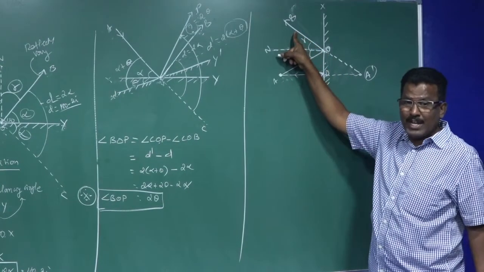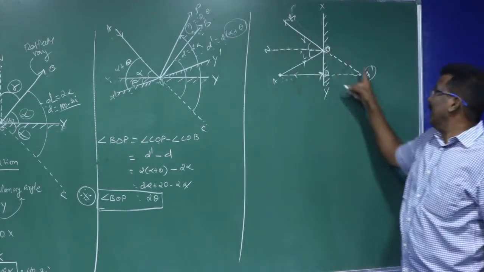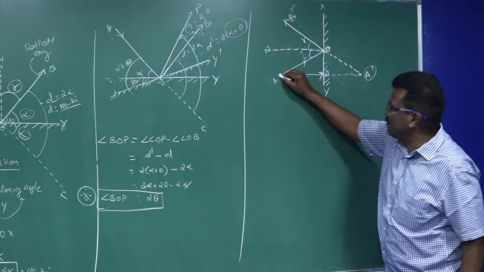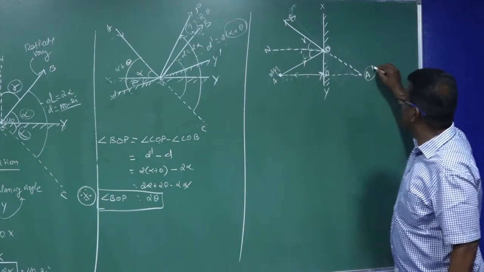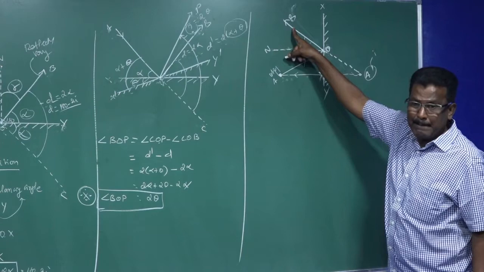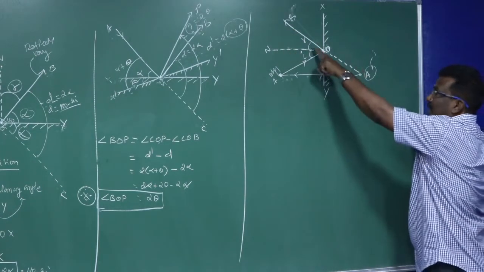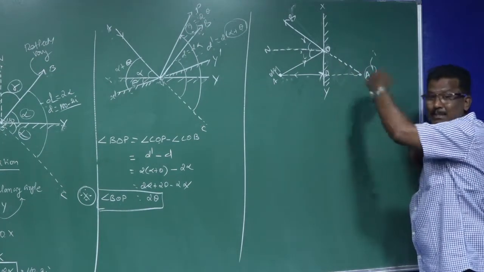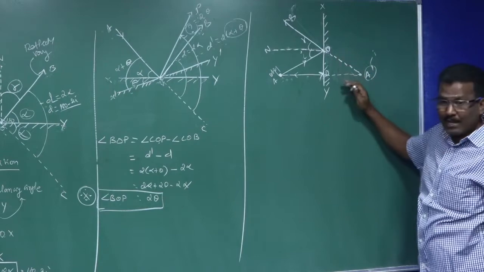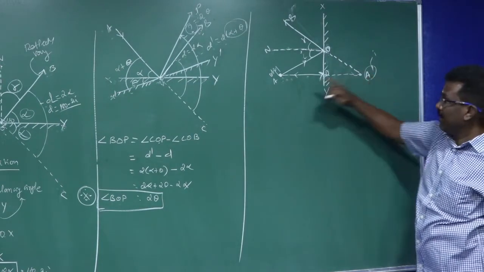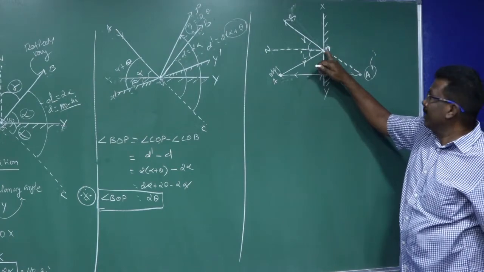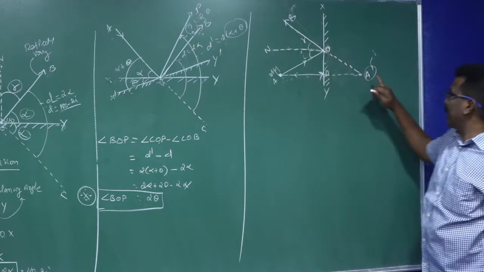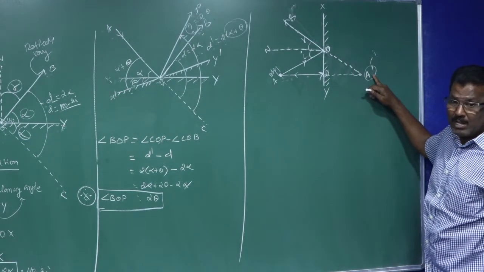The image has to be from A prime. A is the object. This is the reflected beam, but the reflected beam has come from the point O, coming inside the mirror. It would have appeared to come from A prime. AO is the incident beam, AOB the reflected beam, but it would have come from A prime.